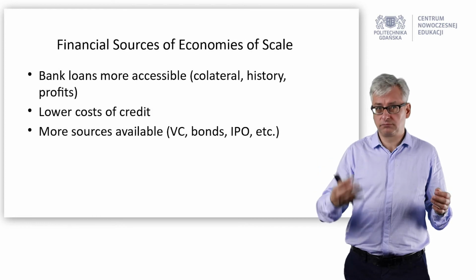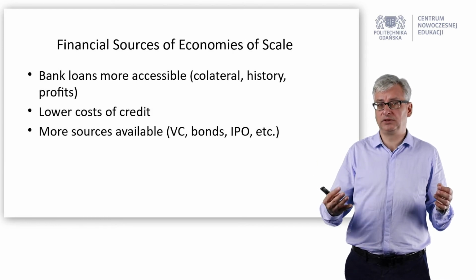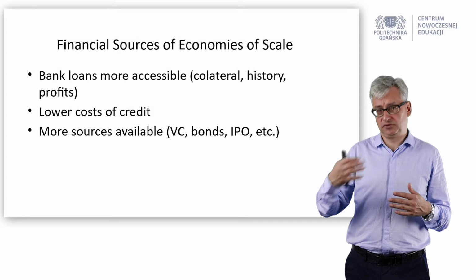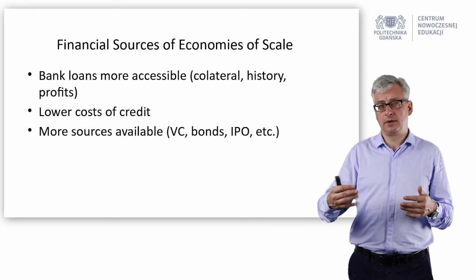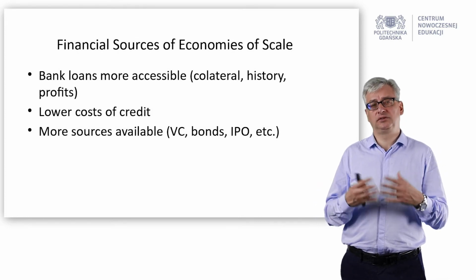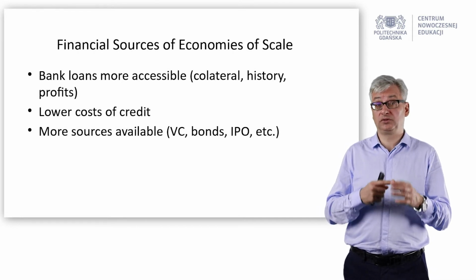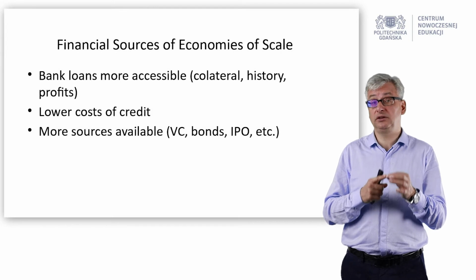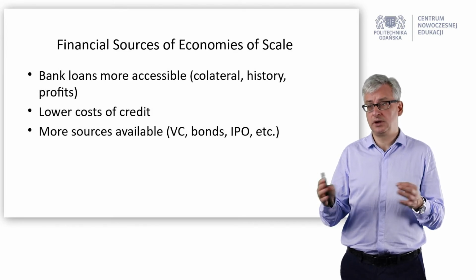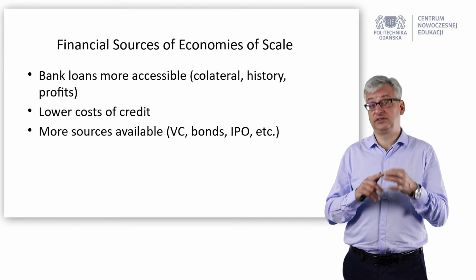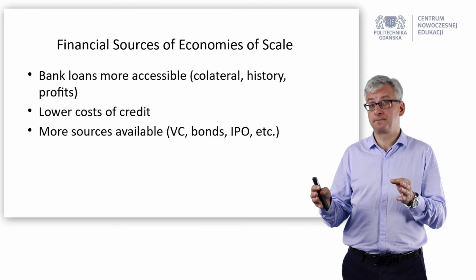They can produce profit, they can survive on the market. For small businesses, this is more complicated, right? Some businesses would be small because they are simply young and they didn't have time to grow yet. But then they do not have such a history.